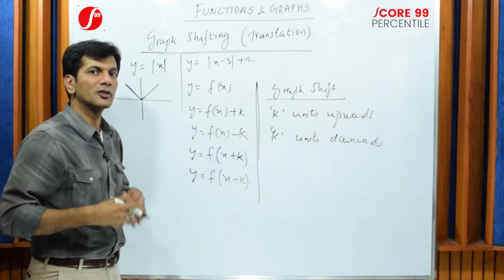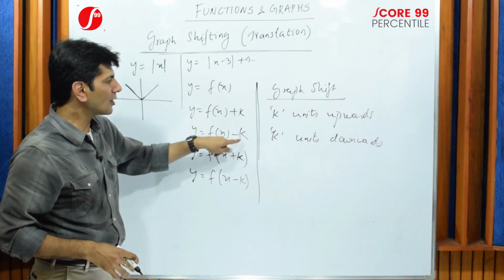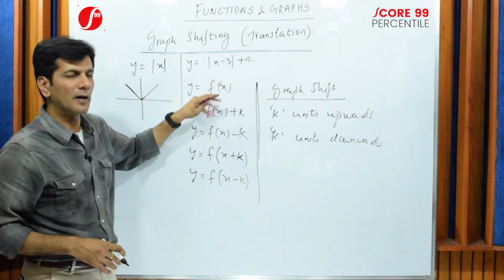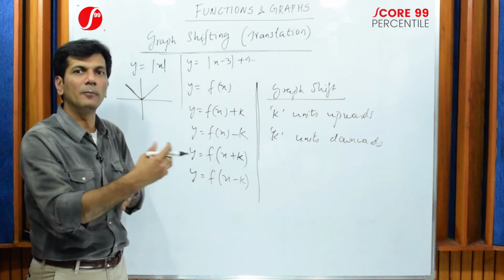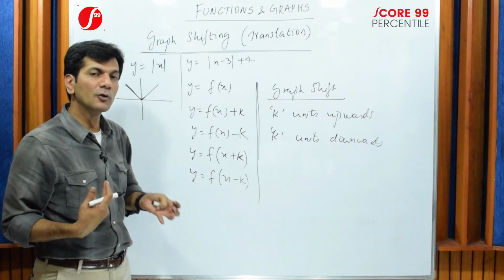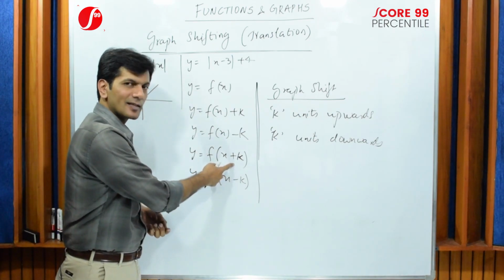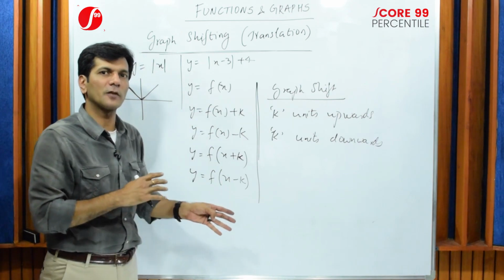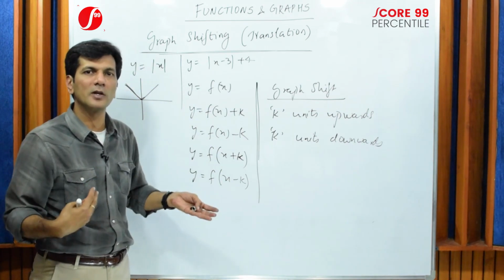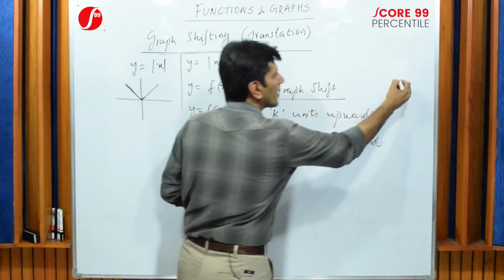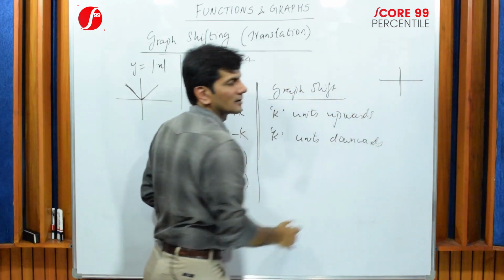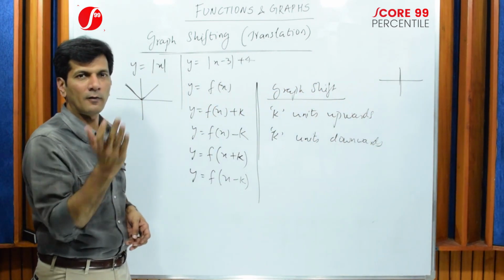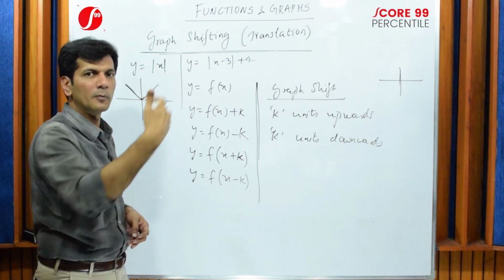There is definitely going to be a shift that's happening. Now when you are adding or subtracting a constant outside of the main function, remember your graph is shifting upwards or downwards. So now logically you should be able to infer that when the change is happening within the function itself, the graph would shift left or right, not upwards or downwards anymore, because your reference is always your coordinate axis. So it's left or right to the y axis, or top and bottom to the x axis.